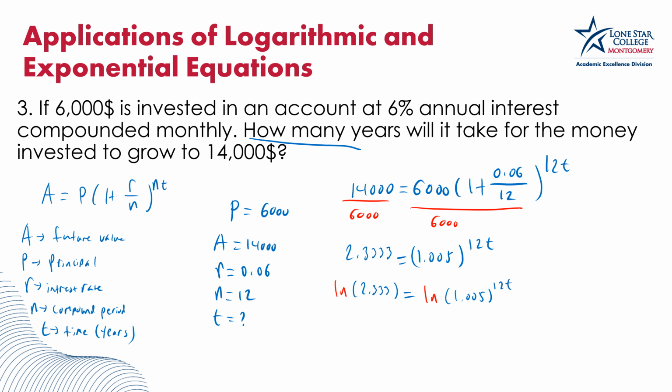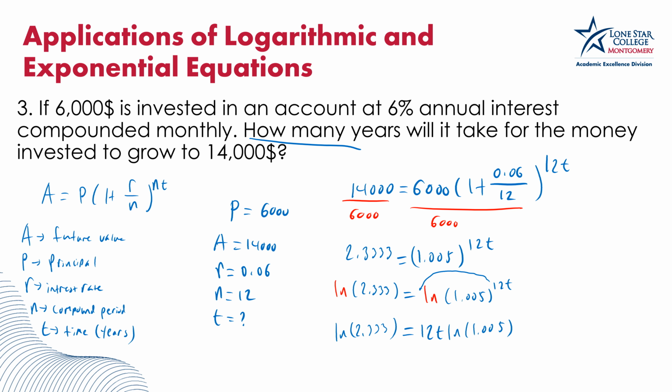On the right, there's no inverse, so nothing's going to cancel out as before. However, we can apply the power property and take this power, the 12t, and bring it down to the front of ln. So this becomes 12t ln of 1.005, and the left side's still ln of 2.333 repeating.